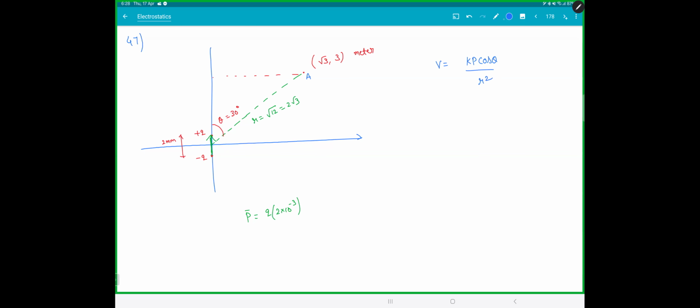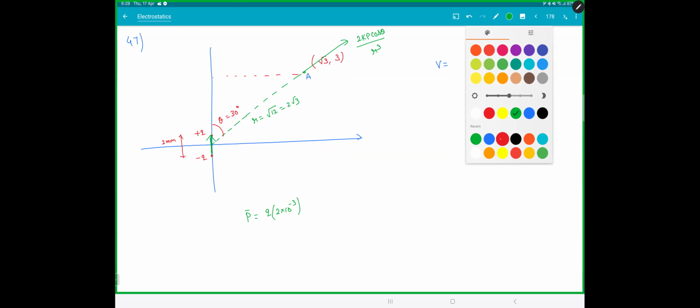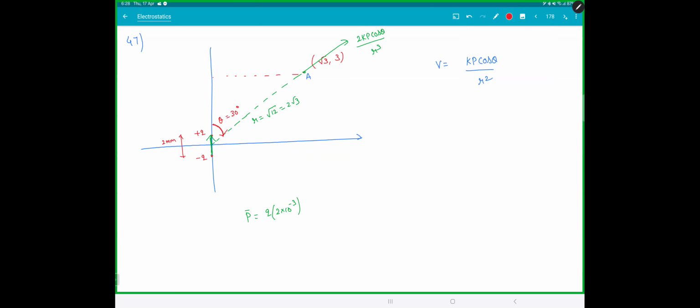You know everything there. And the field at this point will be the radial field, which is 2 Kp cos theta by r cube, and the tangential field will be which way? Now be careful again. Look at the angle, how it is rotating. It is rotating from plus to minus, in this direction, clockwise. So this field will be this way: Kp sine theta by r cube. Then you can resolve that in terms of i cap, j cap and solve. So that E theta, the tangential component, is in the direction of rotation of theta, and theta rotates from plus to minus.